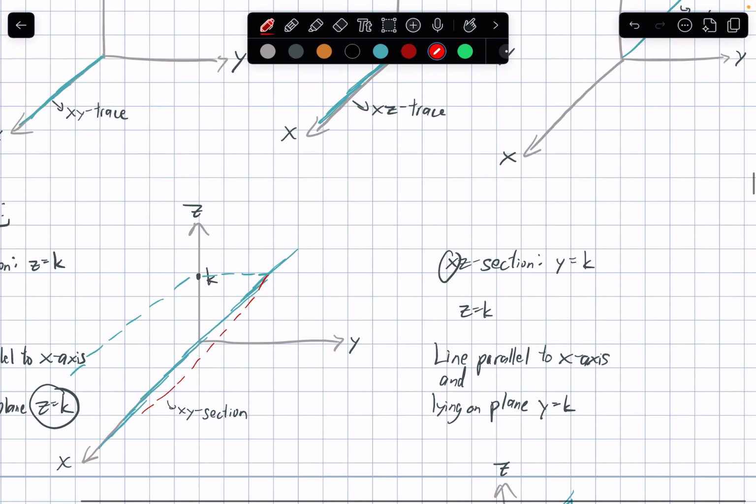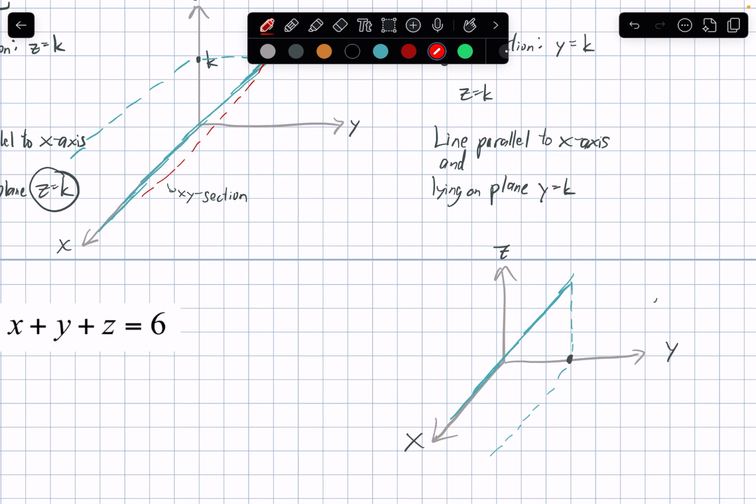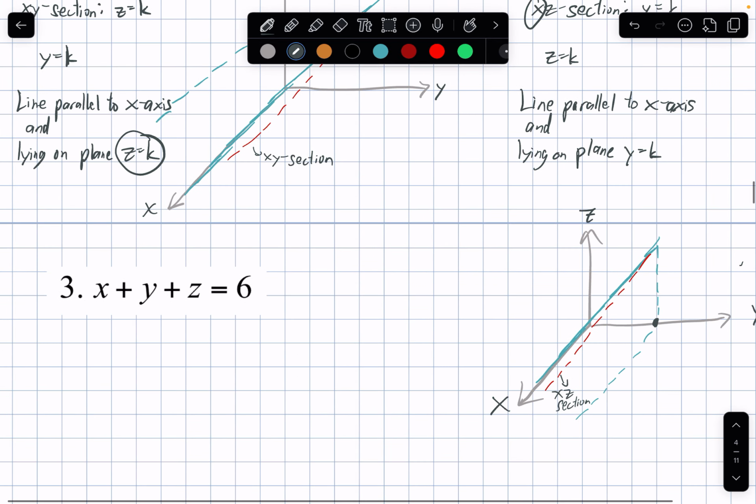The xz section will be drawn like this. Okay.